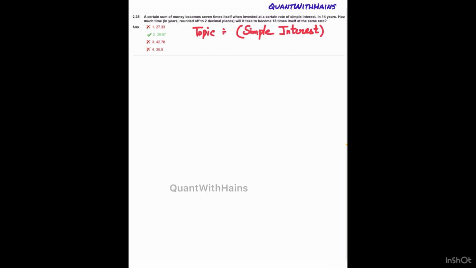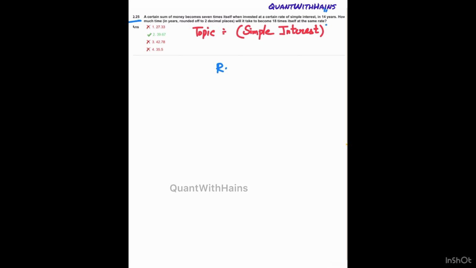Now let us understand the 25th question of SSC CGL 2024. It is a question from simple interest. A certain sum of money becomes 7 times itself when invested at a certain rate of simple interest in 14 years. How much time will it take to become 18 times itself at the same rate?